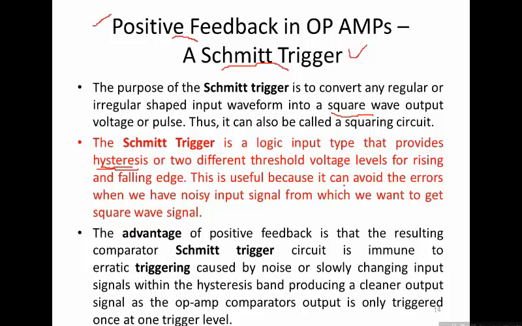So the Schmidt trigger has the ability to avoid the error that could possibly be produced in the output because of the noise in the input signal, which we will explain later. The advantage of positive feedback is that the resulting comparator Schmidt trigger circuit is immune to erratic triggering caused by noise or slowly changing input signal within the hysteresis band, producing a clear output signal, as the op-amp comparator output is only triggered once at one trigger level.